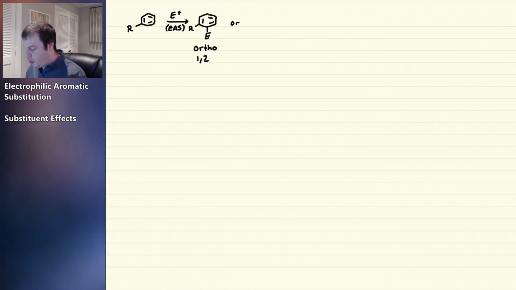We could also form a meta product. Meta is when the substituent is formed in a 1-3 relationship with the existing R group. And then finally, we could have para, where the substituent is added in a 1-4 relationship from that existing R group.